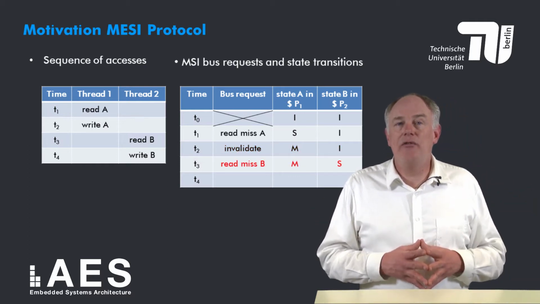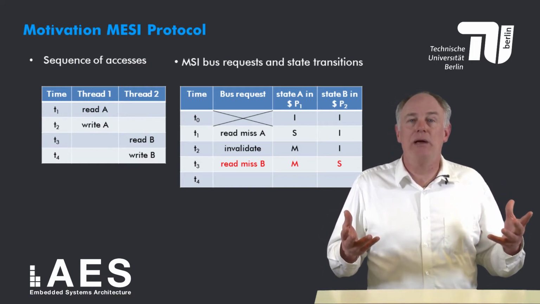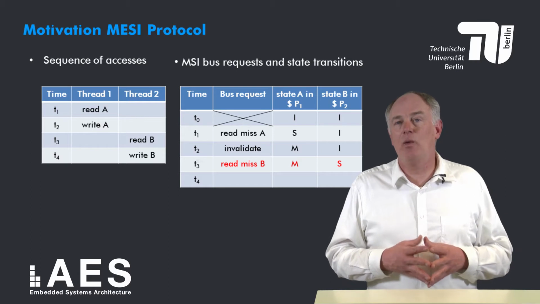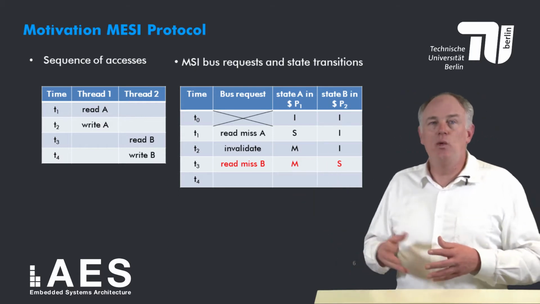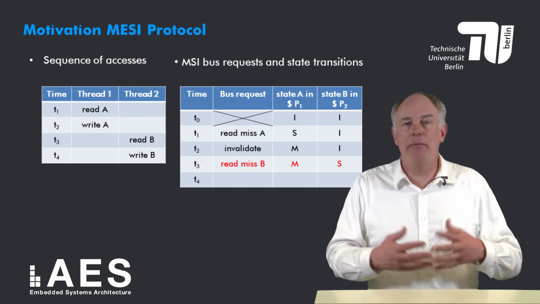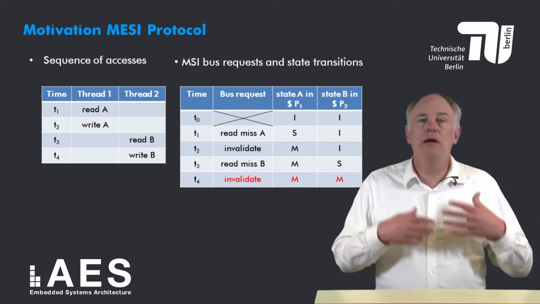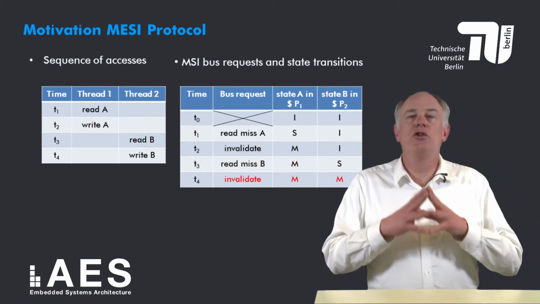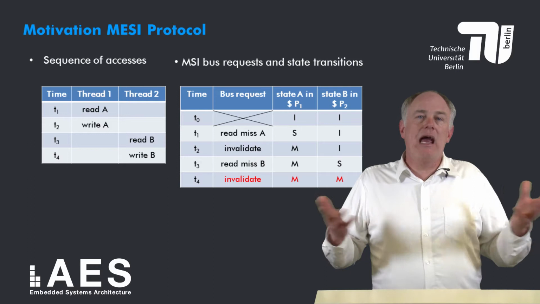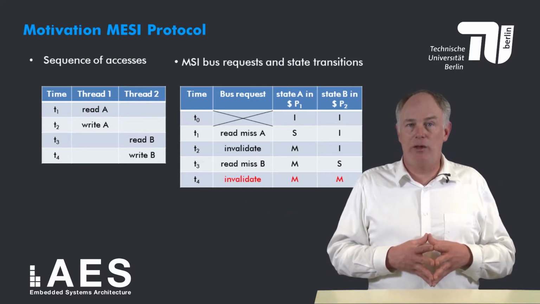Next, at time t3, thread 2 running on processor P2 reads B. Identical to what happened when A was read, P2 will incur a cache miss and fetch the block containing B from memory in state shared. Finally, at time t4, P2 writes B. Again, there might be other copies of B, so an invalidation message must be placed on the bus.